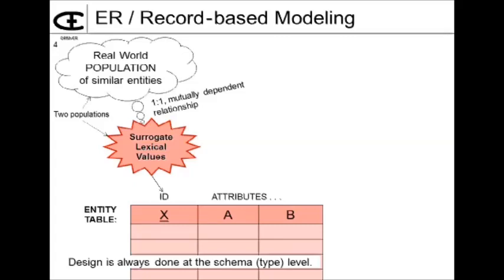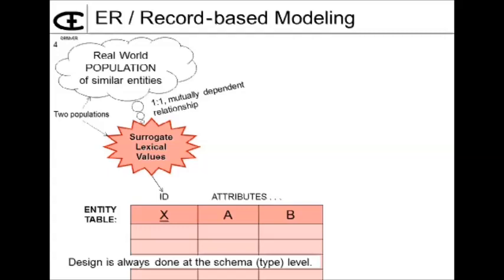Okay? So, we've got this real-world population of things. We find some lexical surrogate to represent them so that we can write down and have something that we can store in our database. And then that lexical surrogate is the set of values, or the domain of values, that can be used to populate columns in a table.